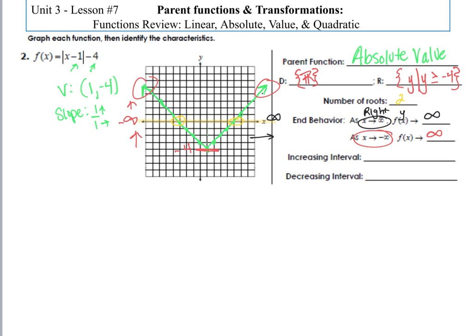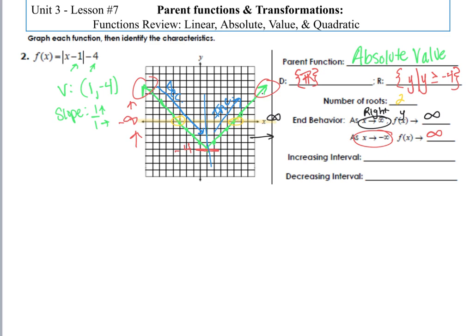Now, increasing interval. For which x values is my slope positive as we move from left to right? So now notice, again, I'm kind of talking about slope. From left to right, look, we're going down until we get to the vertex, and then we start moving up. So this left side is decreasing, this right side is increasing.